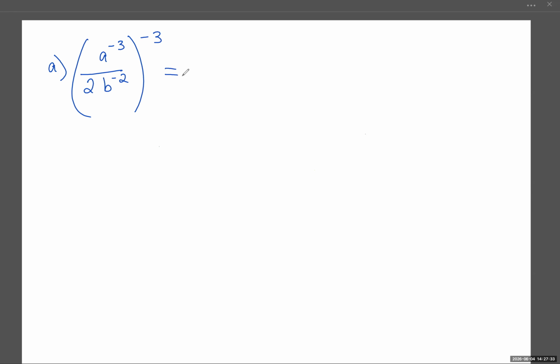The easiest way that I have found to deal with this particular type of problem is to work inside out. So if you can get rid of the negative powers inside the parentheses first, so that would be b to the second divided by 2a to the third, to the negative 3 power.